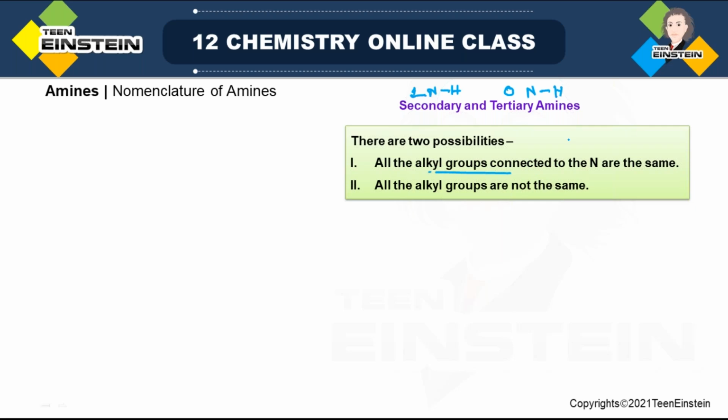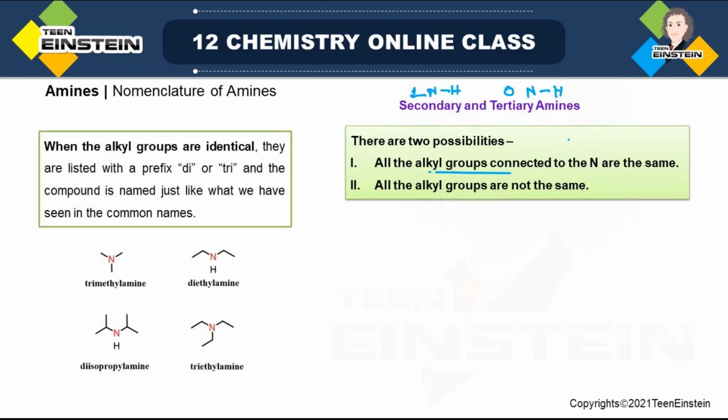So first we'll see if they are identical. They are listed with the prefix di or tri, because di will be used when it is secondary. For example, see this structure. You have 1 NH and 2 alkyl groups, both the same. Which alkyl group? It is isopropyl. It is 3 carbon, and the middle carbon is connected, right? Not the terminal.